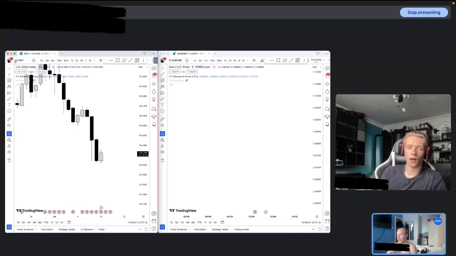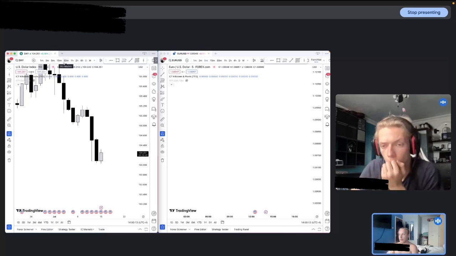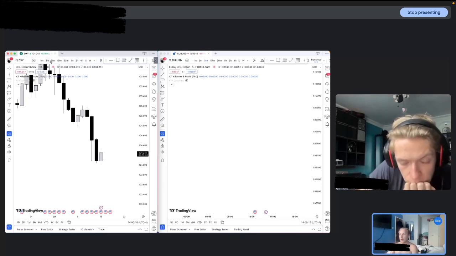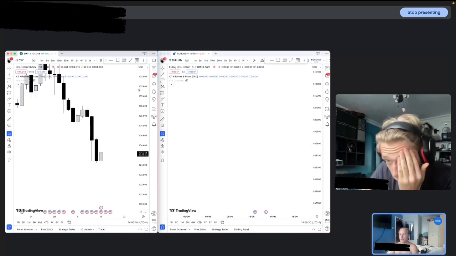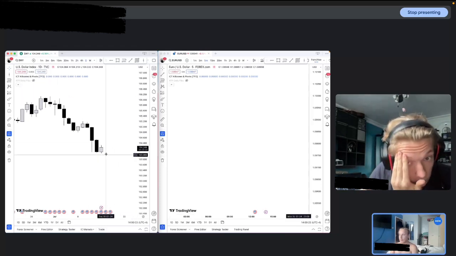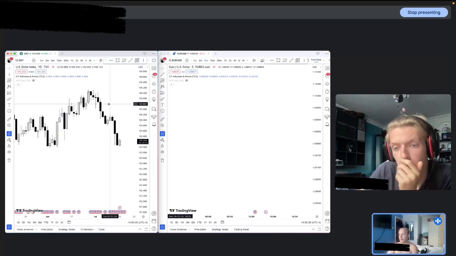Now, do you know what price is fractal means? It means whatever happens on the daily time frame, happens on the 4-hour time frame, happens on the 1-hour time frame, happens on the 5-minute time frame. Every bit of price is all linked together.